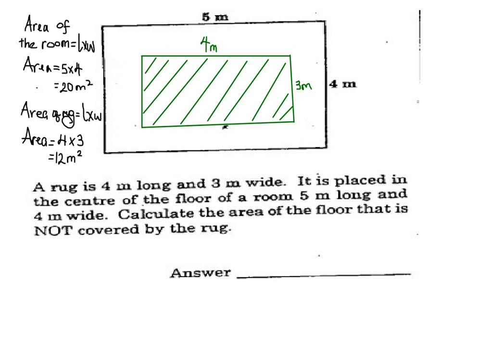So if I ask you to find the difference between 20 meters squared and 12 meters squared, what operation is that? When you hear the word difference, to find the difference between two numbers, what operation does that indicate to you?